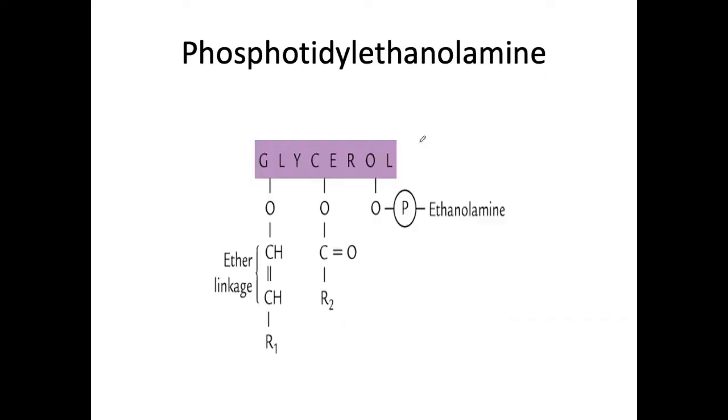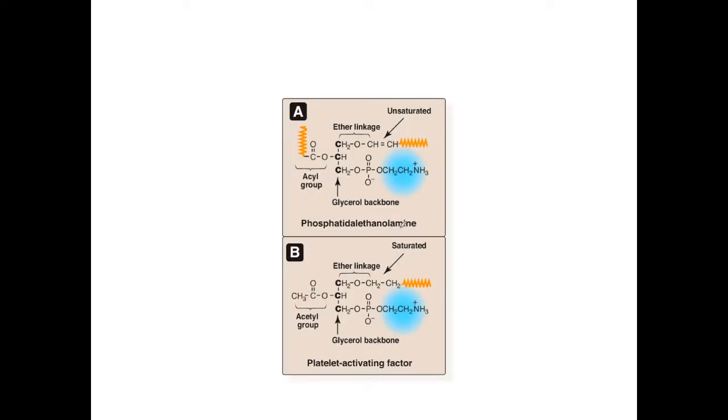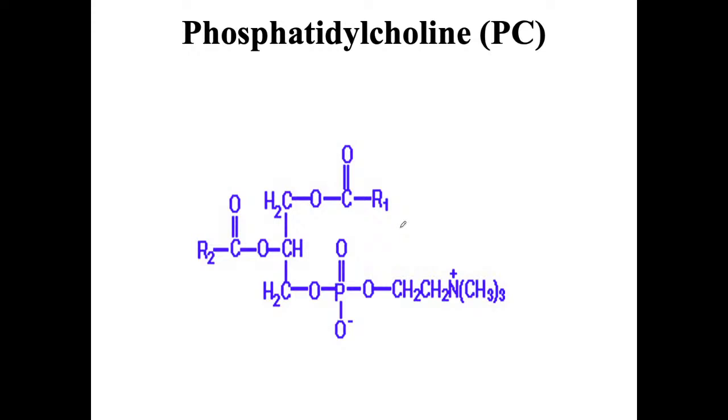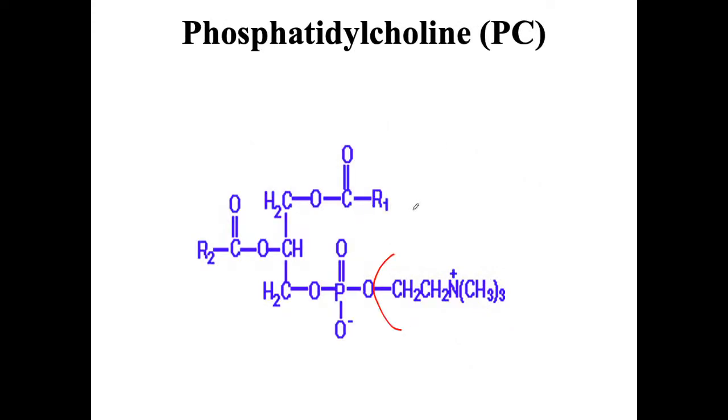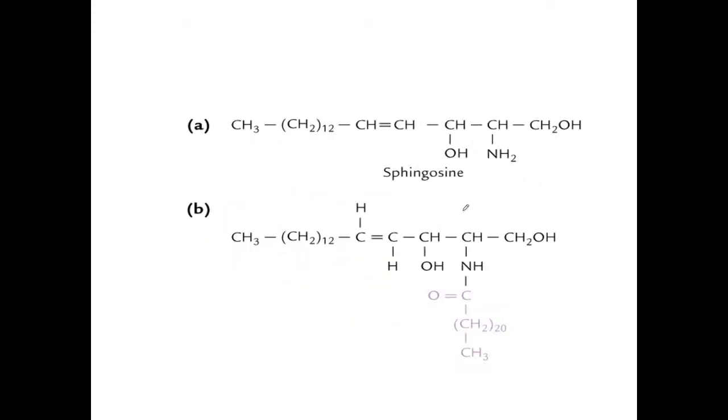So phosphatidylethanolamine: glycerol is there, on the three carbons there is an ether linkage, and there is this ethanolamine on a different carbon atom. Then phosphatidylcholine, the PC that we have just discussed, has this group attached. According to this, it could be divided into two parts. First is sphingosine.